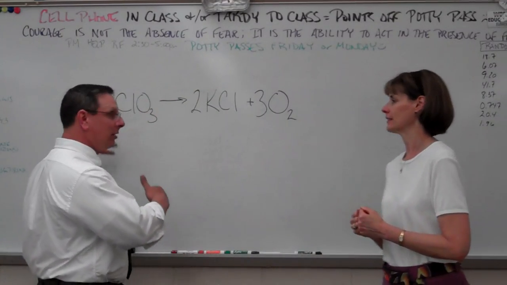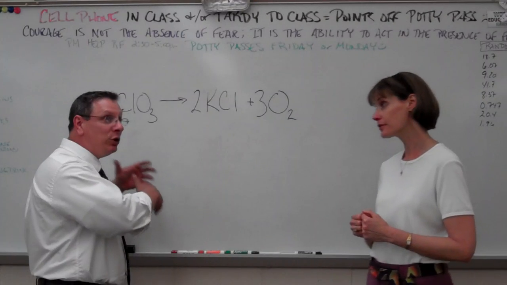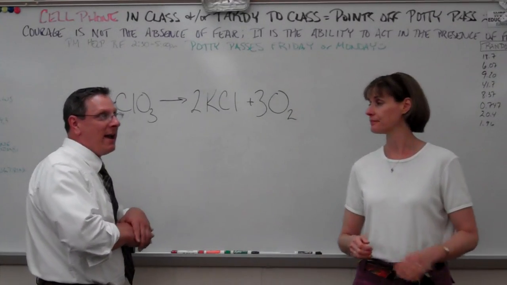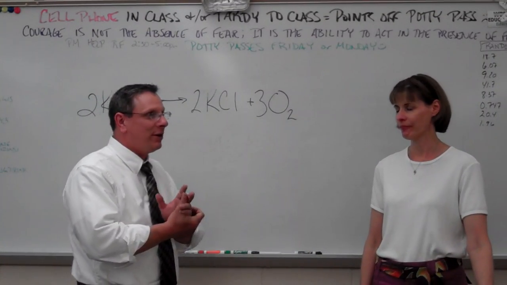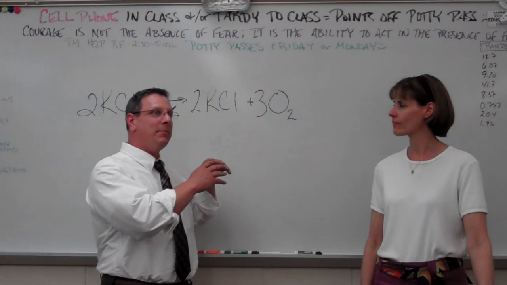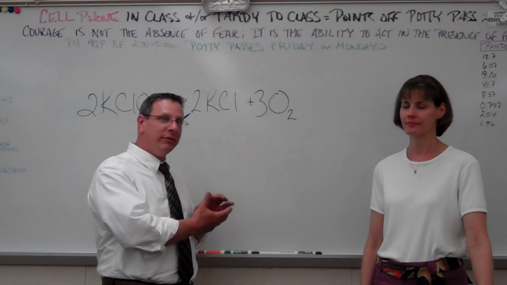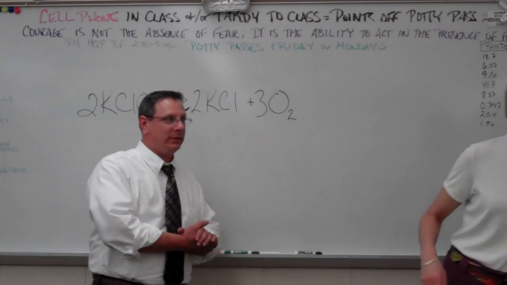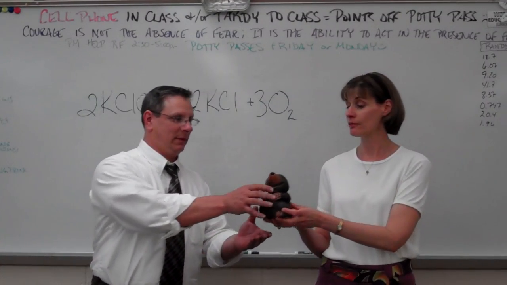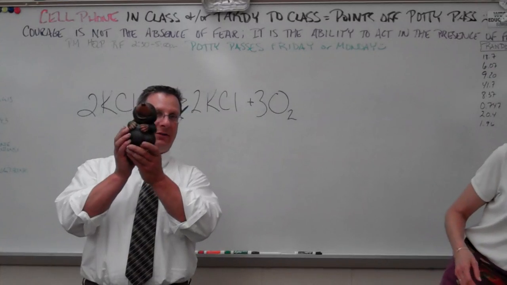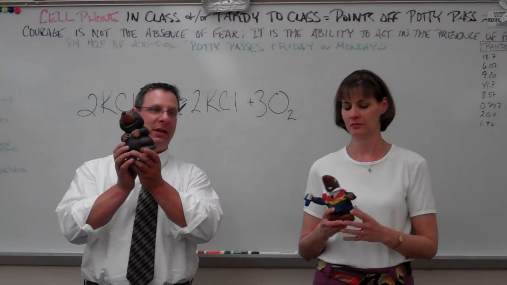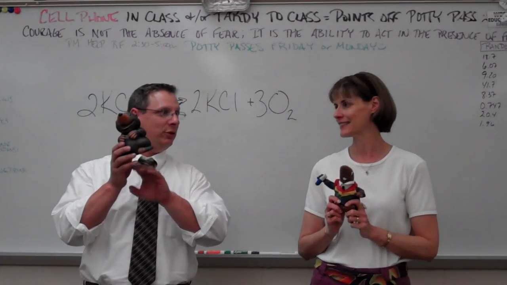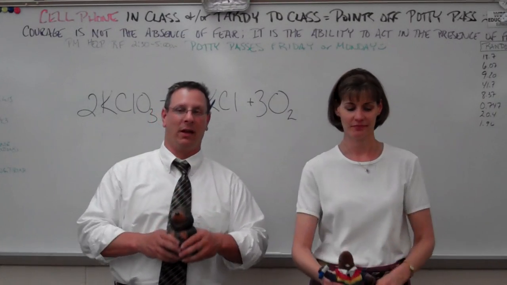Then you need to look at what's given, and 9 times out of 10, you're going to have to take a given mass and convert that to moles. Moles. We've been all about the mole. So you're given the mass of some substance, and you have to convert that to moles.